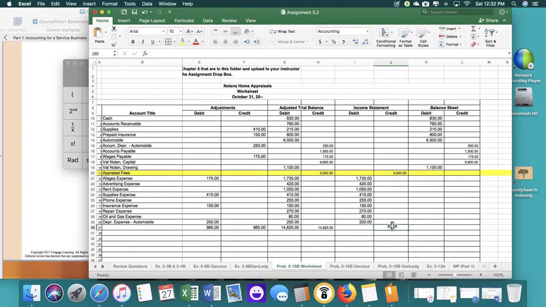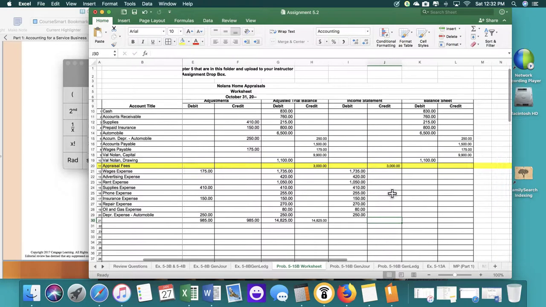Now here is where we find out whether or not the company had a net gain or a net loss. So we know the credit column is a total of $3,000. So I'm going to use Excel again to calculate the totals for me. So we have $4,620. So the company has lost money because the credit column is smaller.